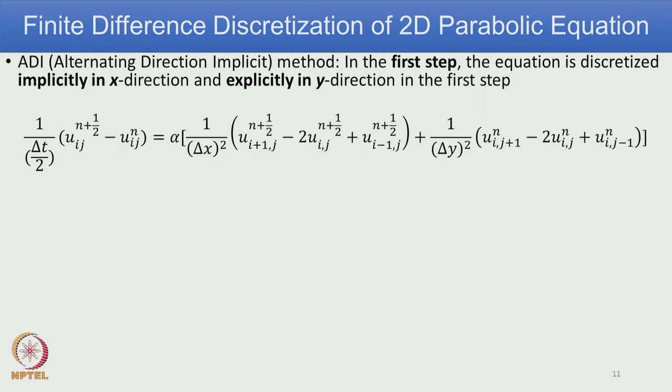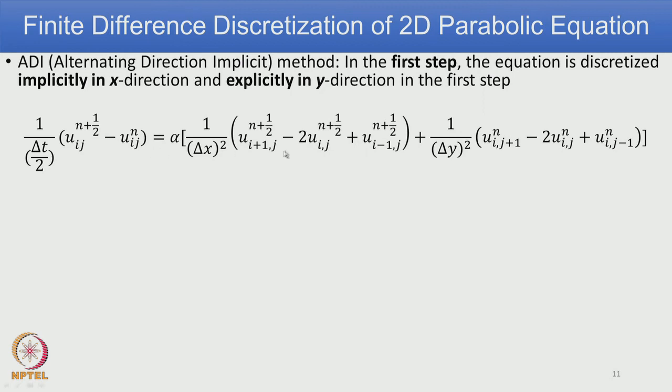First step, the equation is discretized and implicitly solved in x direction, explicitly in y direction. If you look at the expression for the time derivative, we mention it advances by half. So, the superscript is actually n plus half, then it is implicit in x direction.